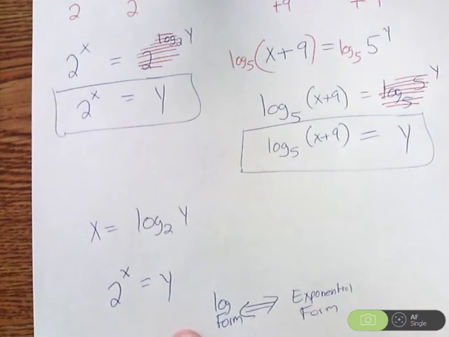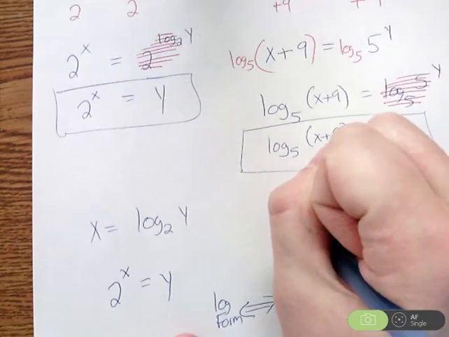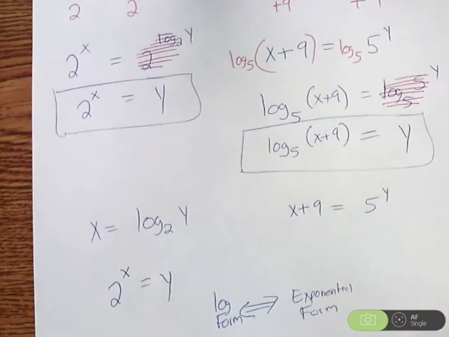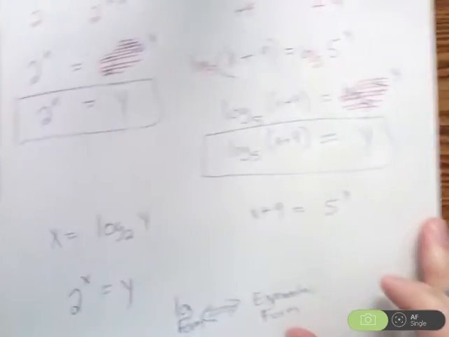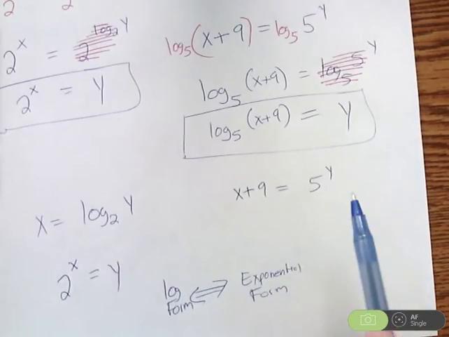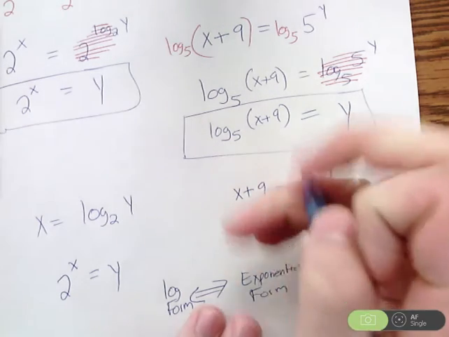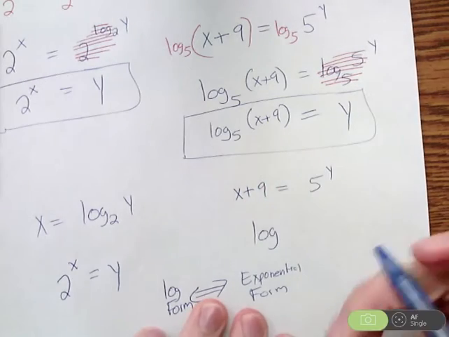Same idea can apply to this one over here. We had at one point x plus 9 equals 5 raised to the y. So you're like, well, I'm not really sure how to get y by itself. I'm stuck. Since we're in exponential form, because we have exponents, let's switch to log form. So you can think of bacon and eggs, base.